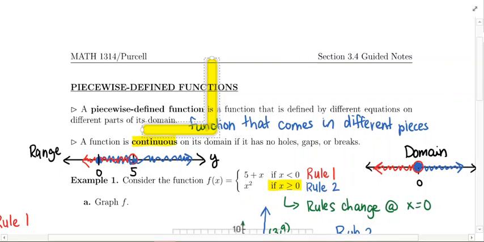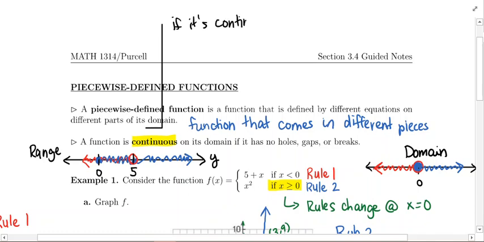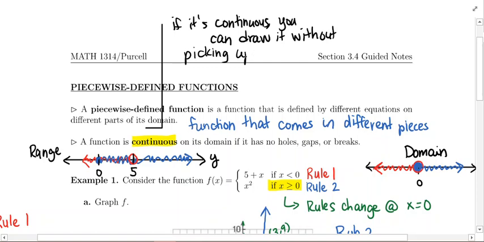The way you want to think about continuity: if something is continuous, you can draw it without picking up your pencil. If you have to pick up your pencil to draw the graph, then it's not continuous.